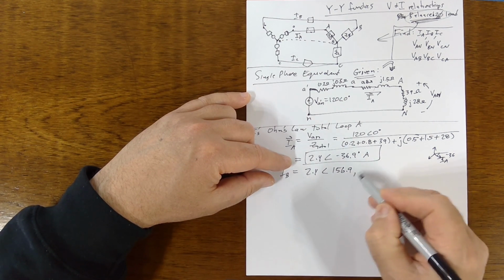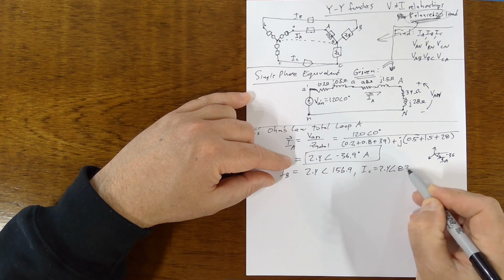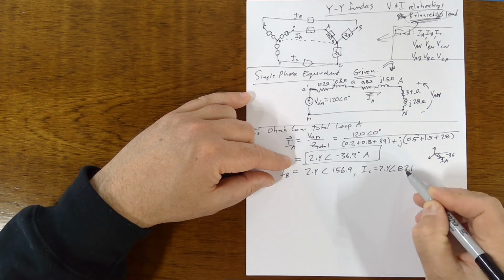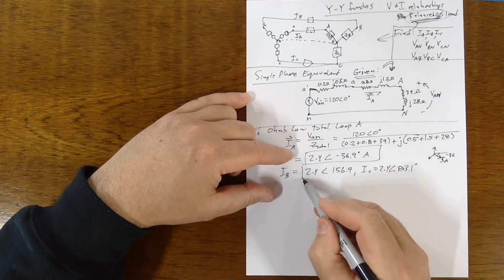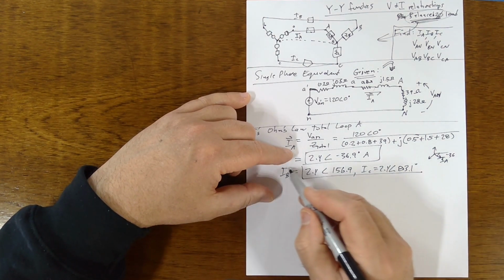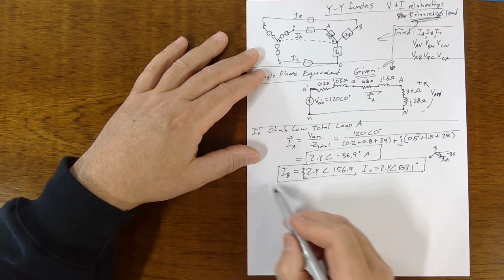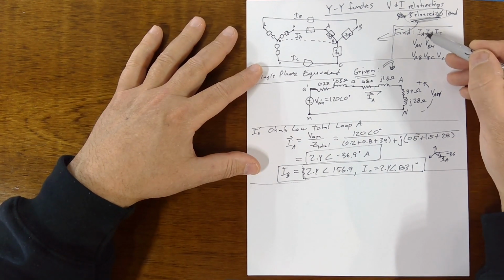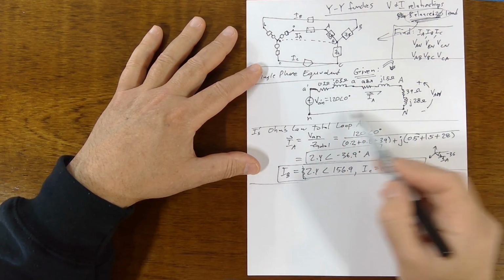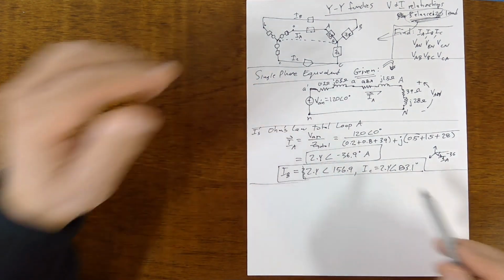And then I sub C is 2.4 angle 83.1 degrees. Just subtract 120 degrees from that. So those are the answers here: I_A, I_B, and I_C. We just used the single phase equivalent to get I_A, and then realized that the other two currents are off by 120 degrees.